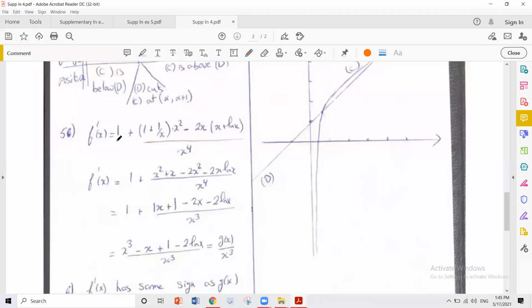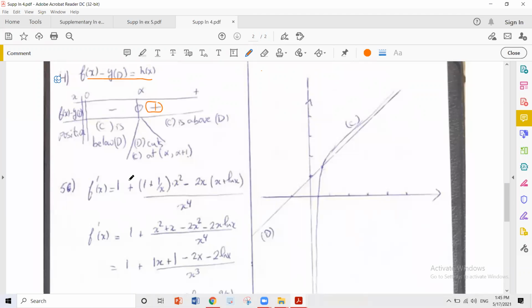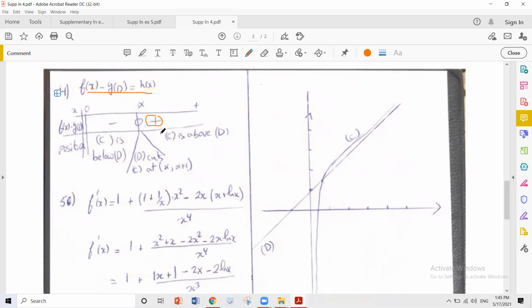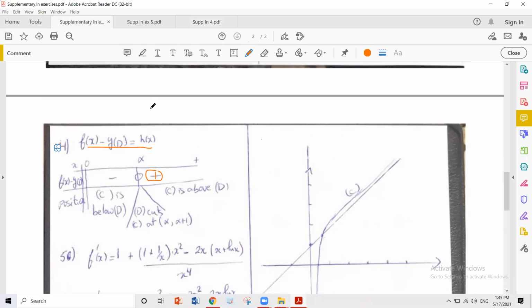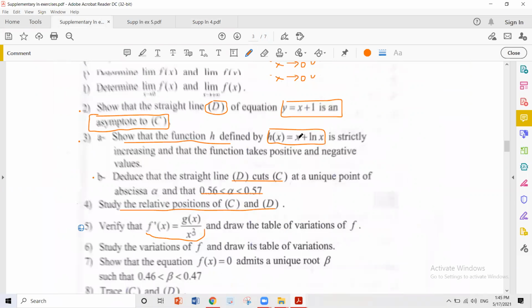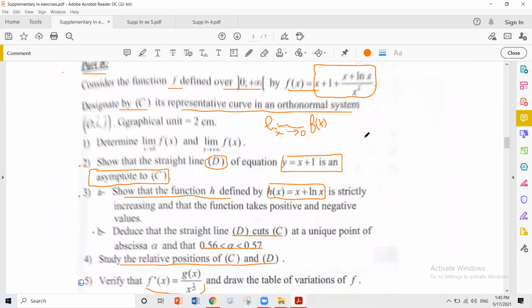So f prime x: derivative of x is 1, derivative of 1 is 0. We had the function (x plus 1 over ln x).